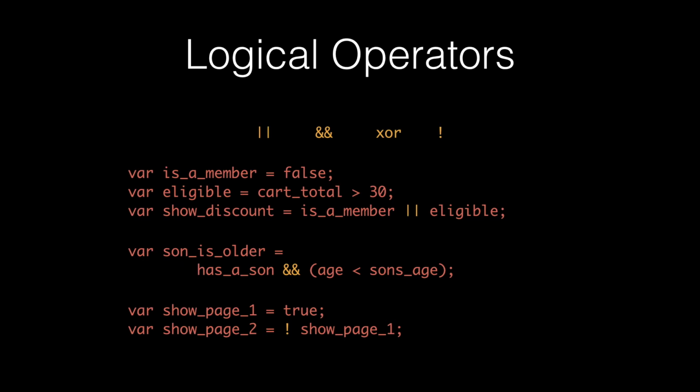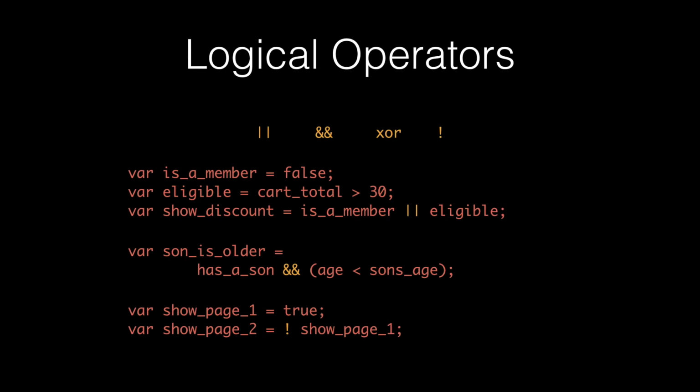All right, let's think about the next one. Son is older is assigned the logical operation, has a son, and now we have a compound statement here where we are comparing age is less than son's age. So this is never going to be true, right? Logically thinking.